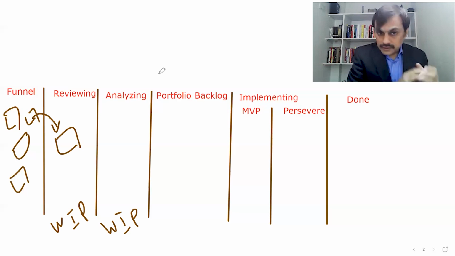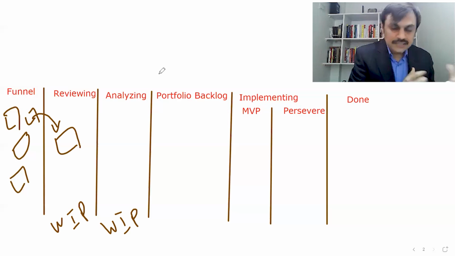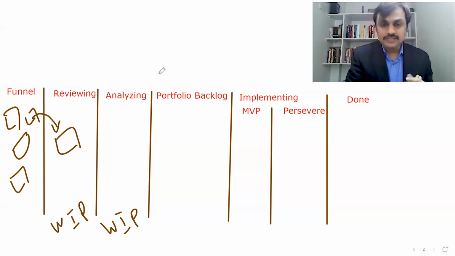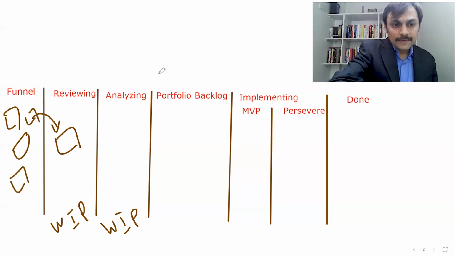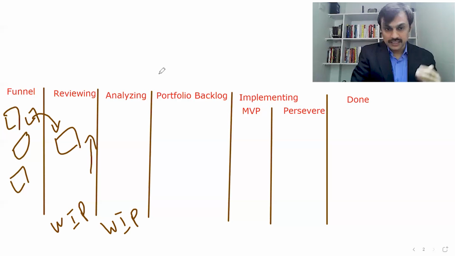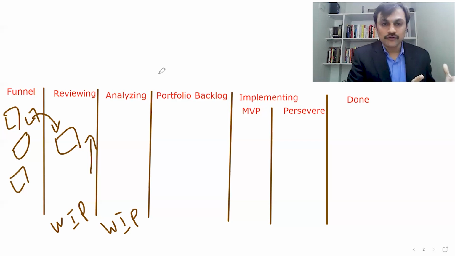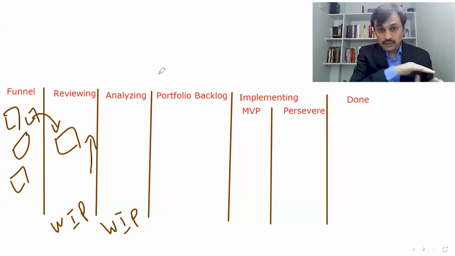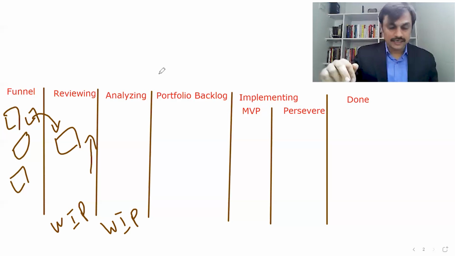The epic owner refines the epic hypothesis statement, facilitates some amount of estimation for the returns as well as for investment, and also helps us in prioritizing epics which are at a reviewing stage, like which one seems to be more promising, should be going to the next level. So we have that stage, which is, you can say, a first level refinement of the epic, and it happens based on the work in progress limits identified.